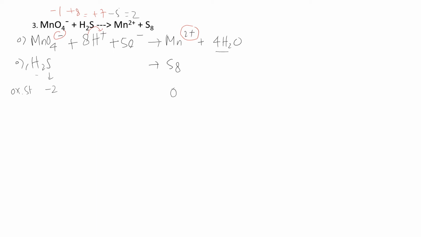So here times 8, then the number of hydrogen on the left becomes 16. So here you need to add 16 H plus. After that, we balance the charge. On the left, there is no charge. On the right, you have 16 H plus. So you need to add on the right plus 16 e minus, to become neutral.